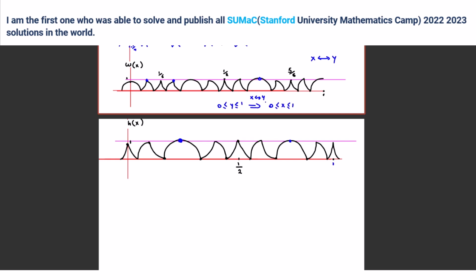Do you agree if we want to find an intersection, x should be between 0 and 1, right? And in this figure, y is from 0 to 1. So if we consider a point that satisfies both of them, each intersection, x should satisfy this one, y should satisfy this one. So if you have an intersection, x and y of that intersection should be from 0 to 1. Agreed?